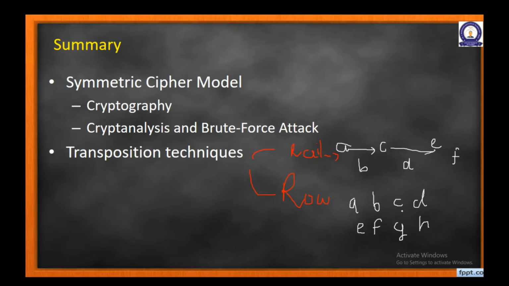I write this way for the row, and according to the key the columns are arranged. I can rearrange the columns and then the cipher text is formed. So in the transposition technique, you can go on increasing the complexity. We have seen the encryption as well as the decryption, how it is done, and how to find out the key once the encryption key is given to us.